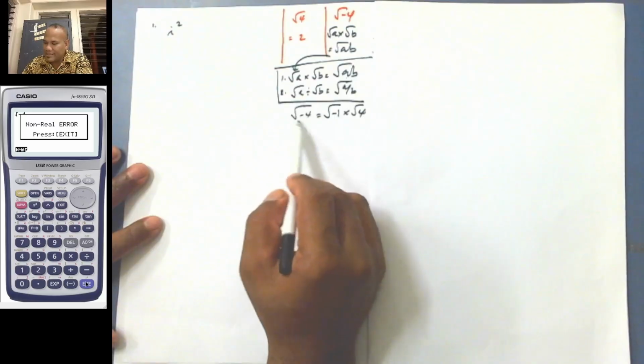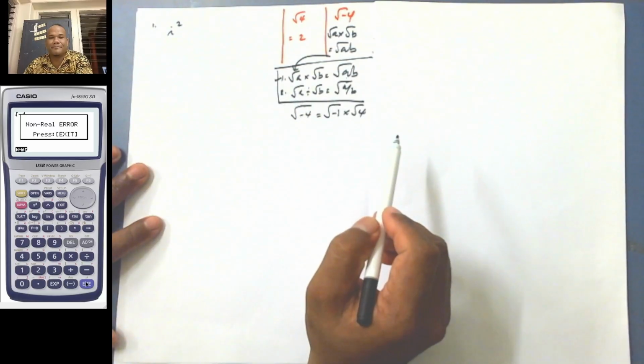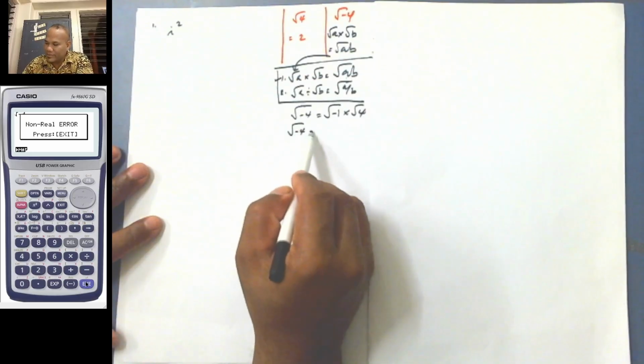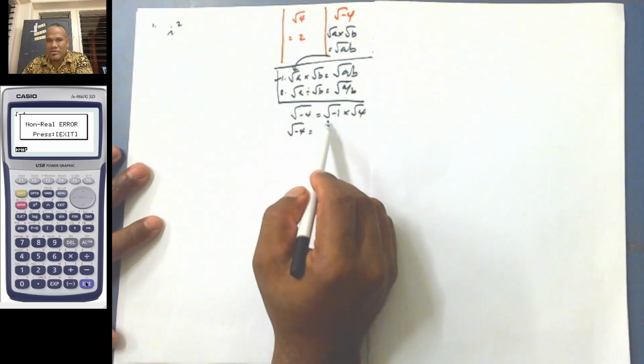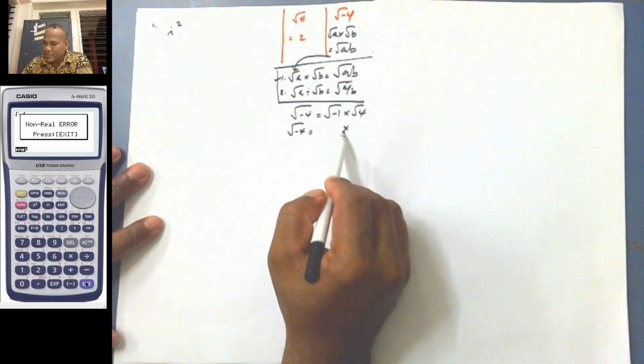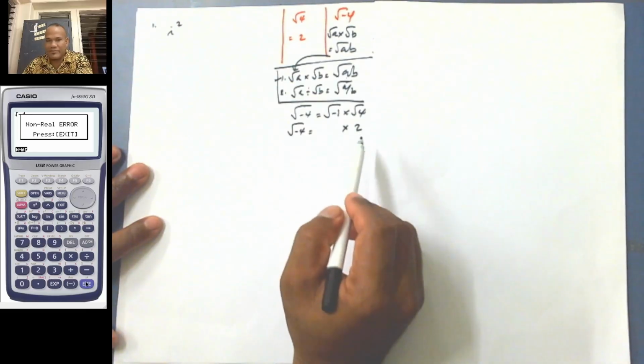And since these are multiplied, I can break it down using this formula. Now the square root of 4 is 2.